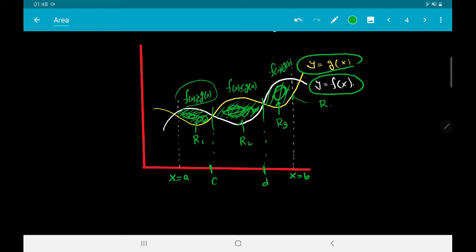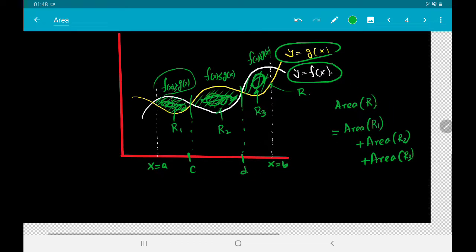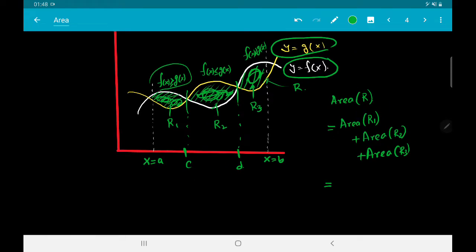So the area of R is equal to area of R1 plus area of R2 plus area of R3, and we know how to compute these areas. The first area is given by the integral of f minus g, because here f is bigger than or equal to g(x).